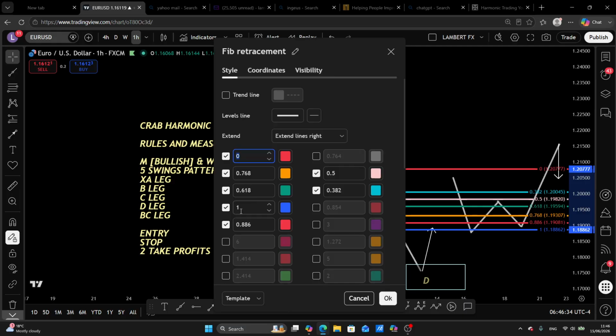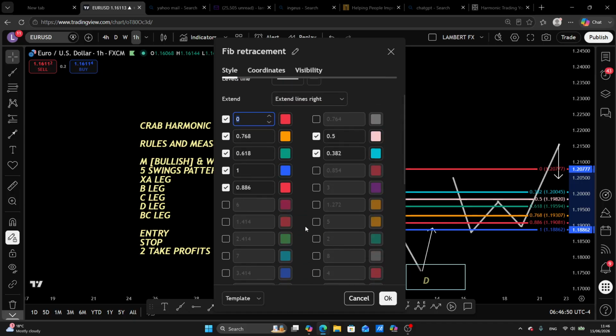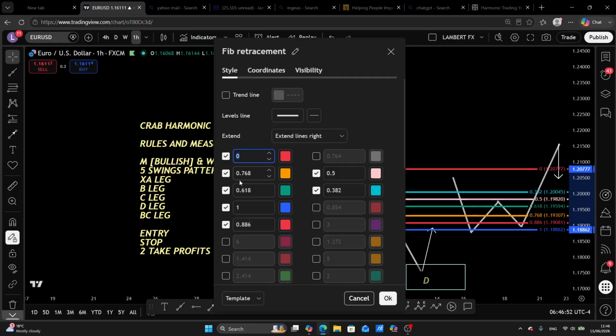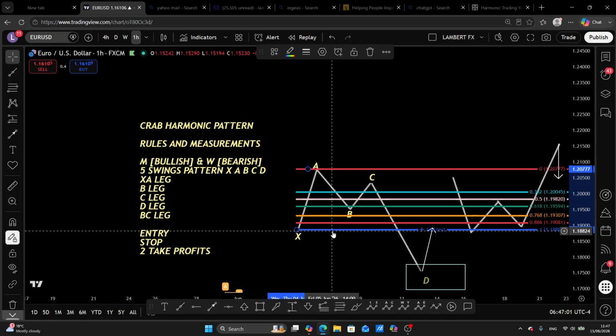You need your 0.382, 0.5, 0.618, 0.768, and 0.886. And you need your 0 and your 1 to identify the start and the end of your measurement. So these are the 5 numbers you need: 0.382, 0.5, 0.618, 0.768, and 0.886.